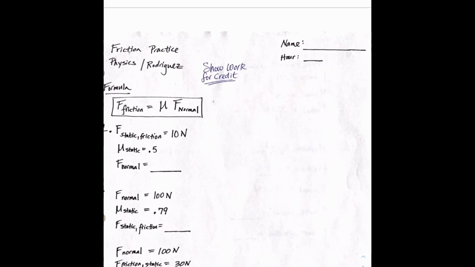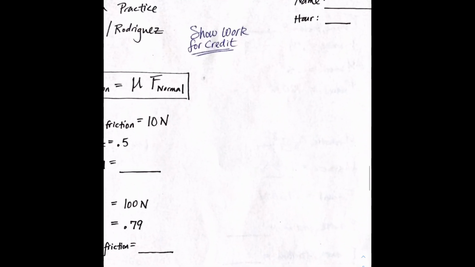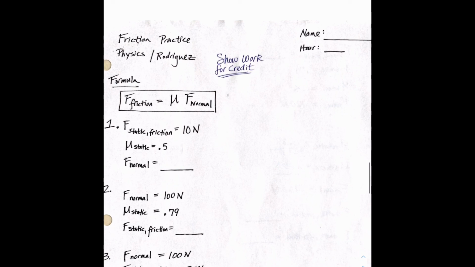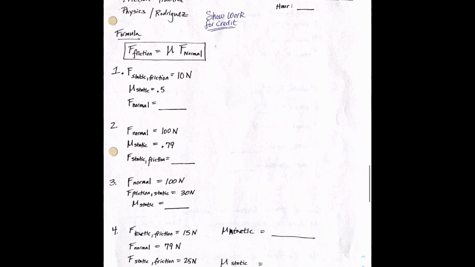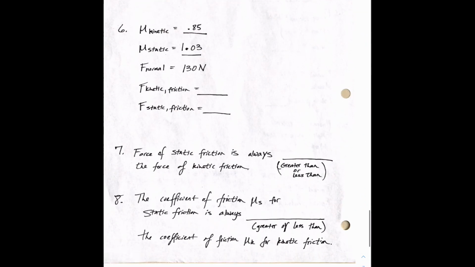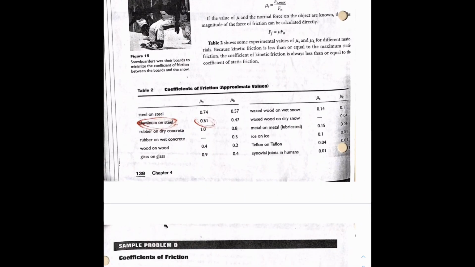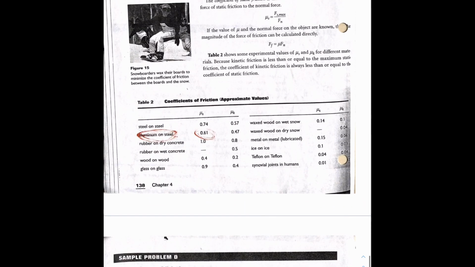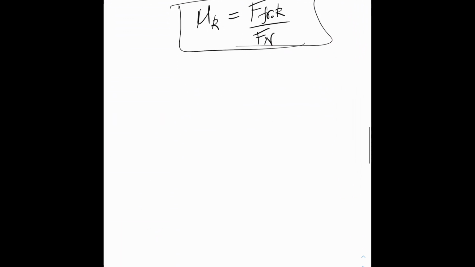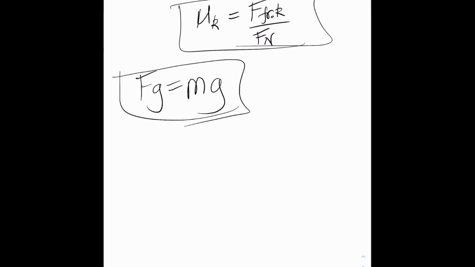I don't think you do here, but a lot of times, if the object is just sitting there, force normal will equal force gravity, which is mg. Let's jot that down so you don't forget. These are some other formulas that you might need for these worksheets. Fg equals mg, right? This is our weight formula.